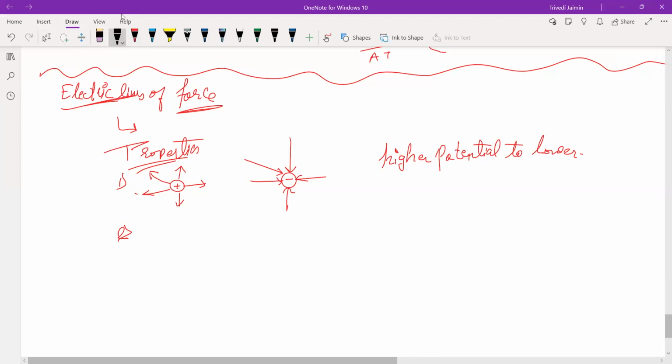Okay. Like the simple electric field lines, if I draw here, they diverge and converge at a negative charge.